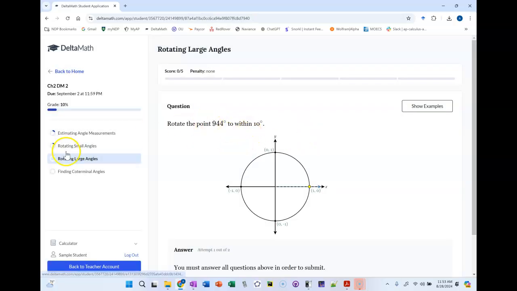We'll do one with bigger angles. 944. Since it's positive, I'm going counterclockwise. 90, 180, 270, 360, 450, 540, 630, 720, 810, 900, and then 44 more is like halfway.